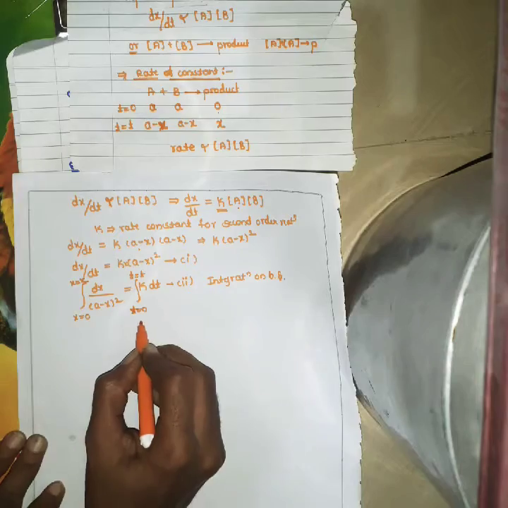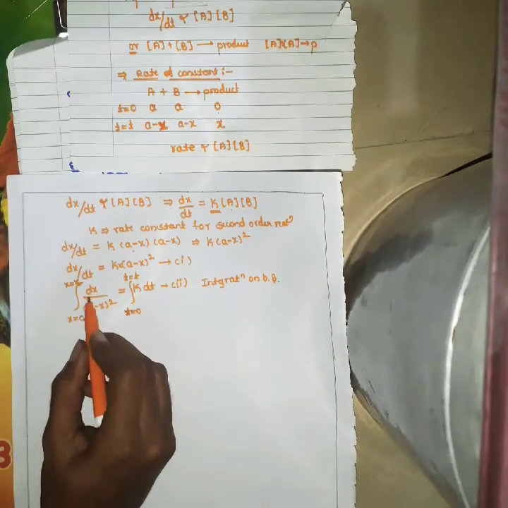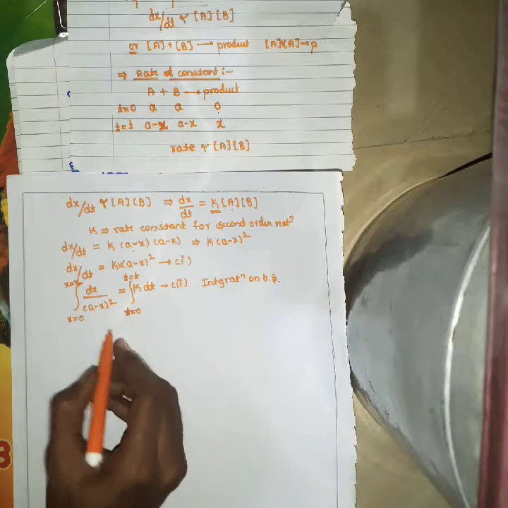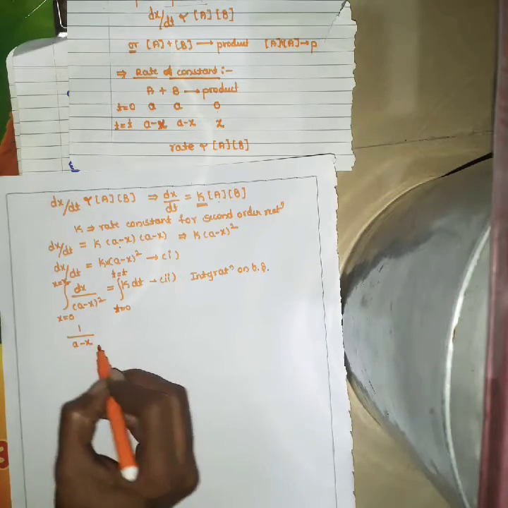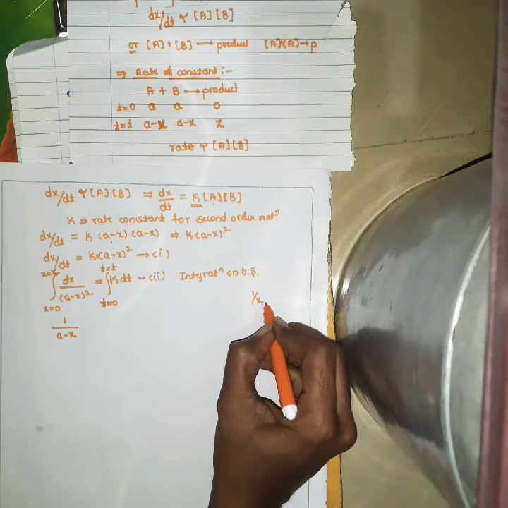These are the lower limit and upper limit. Apply integration. Integration of dx divided by a minus x whole square is 1 divided by a minus x. You already know integration of 1 divided by x.